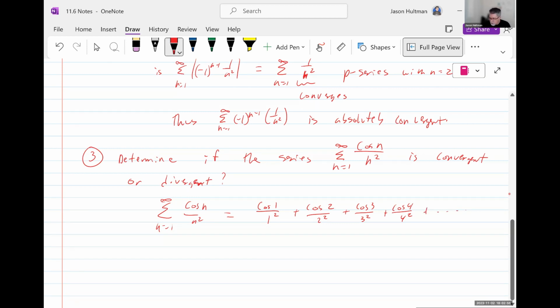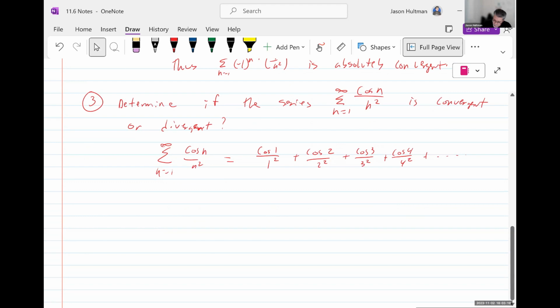So again, the cosine on the top is going to vacillate between -1 and 1. I know that this is similar to a p-series, n squared, but I don't really know what the cosines are doing. But I do know the behavior of cosine.